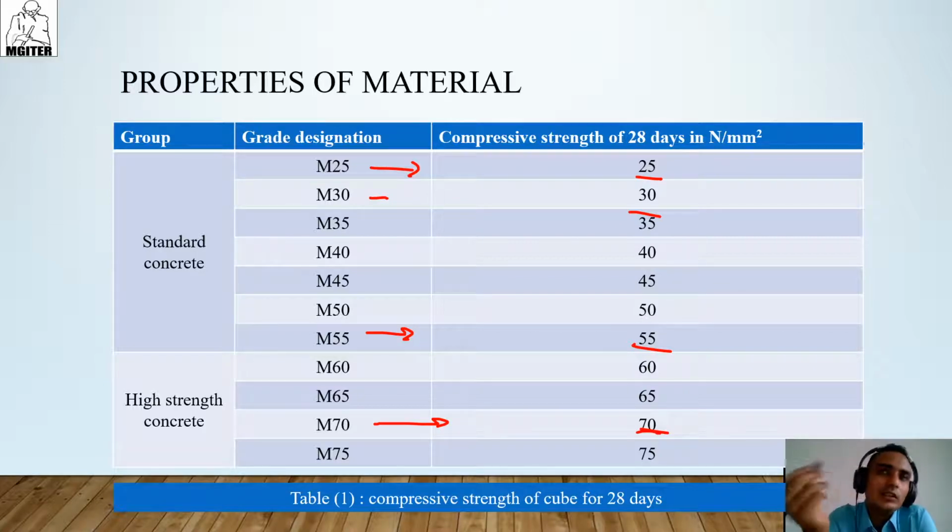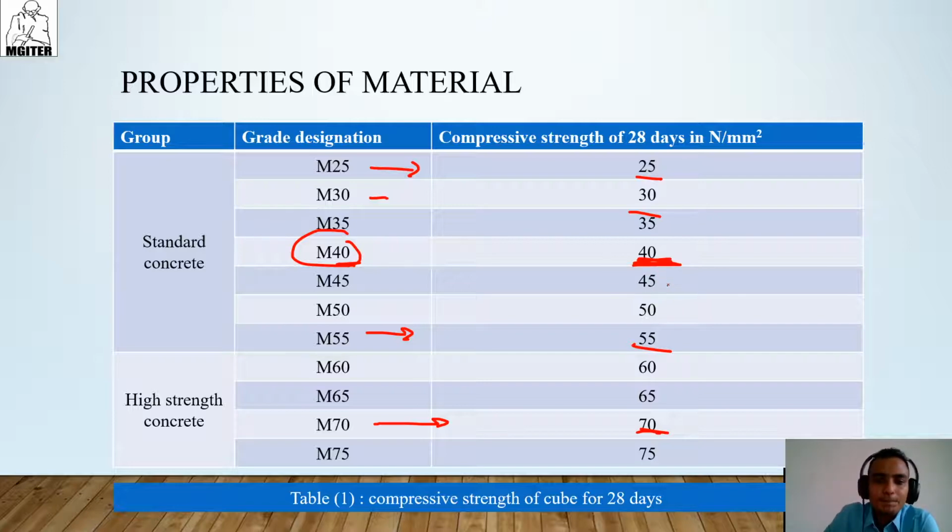If I ask, sometimes, I am going to buy M40 grade cement, so what is the compressive strength of the concrete? You have the answer: M40 grade cement, the compressive strength is 40.